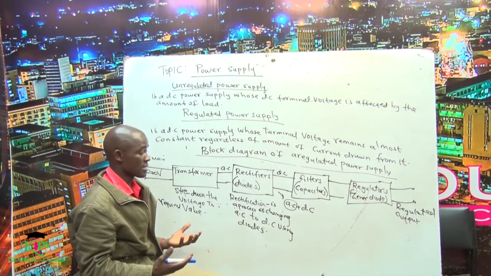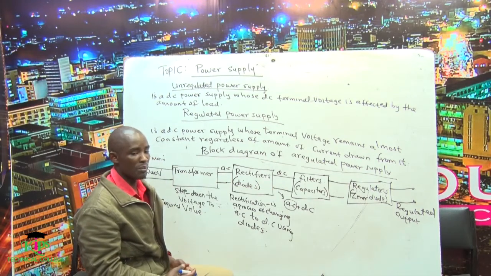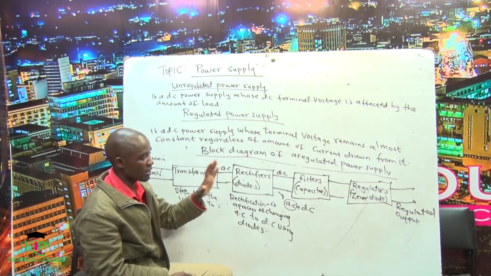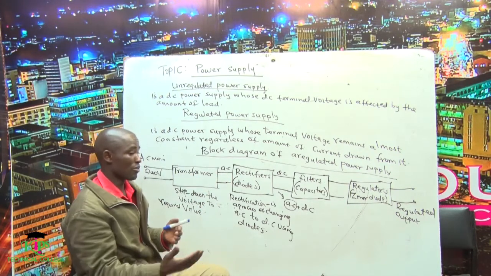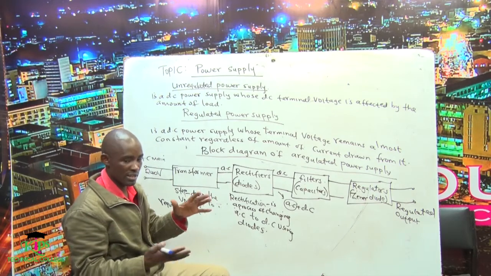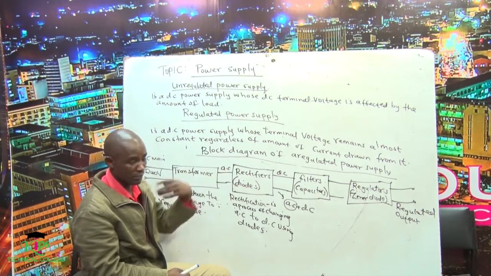The capacitor has the ability to pass the AC signals and block the DC signals. Remember, in separation you must have some component passing and another one remaining. Just like tea, you have the tea passing and the tea leaves remaining.